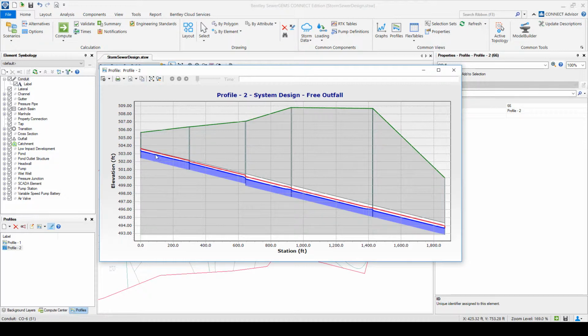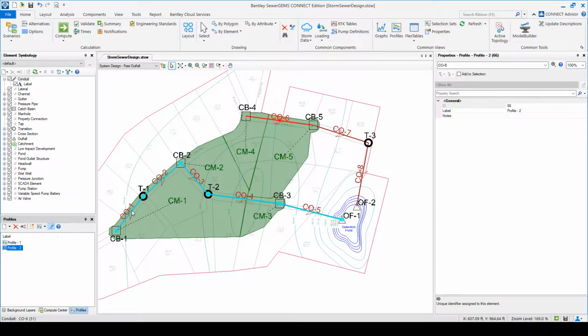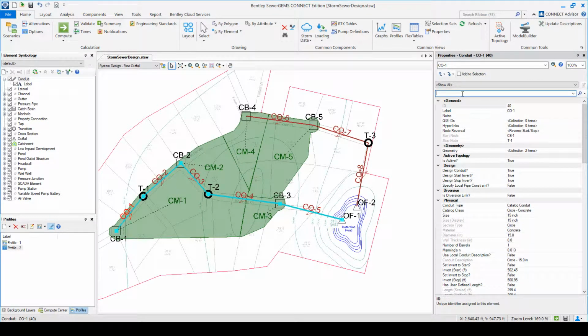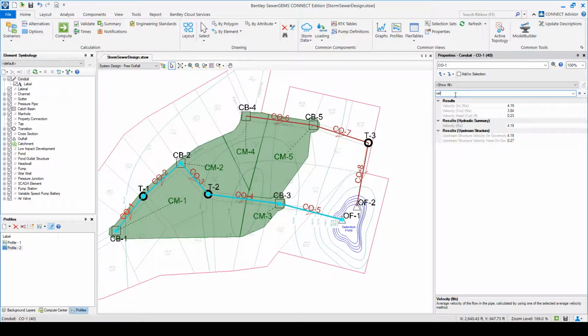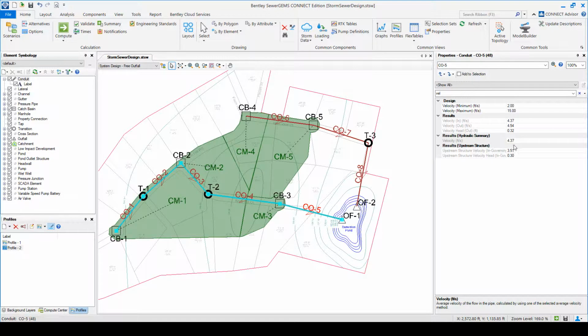You can see that it has an energy grade line that's slightly above. We didn't take a look at the velocities over there, but we can do that here. Search by velocity, 4 feet per second. That seems to be kind of the average, around 4 feet per second.